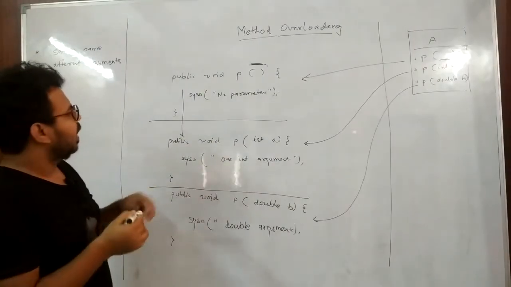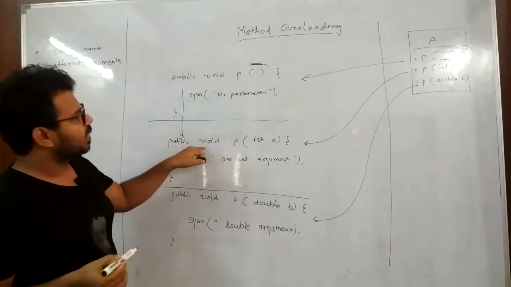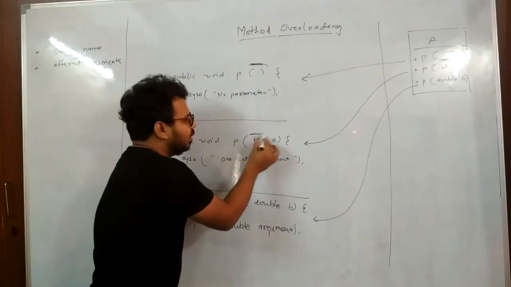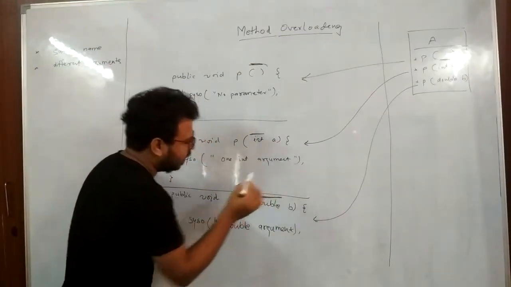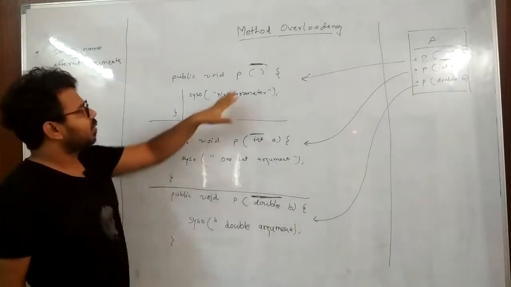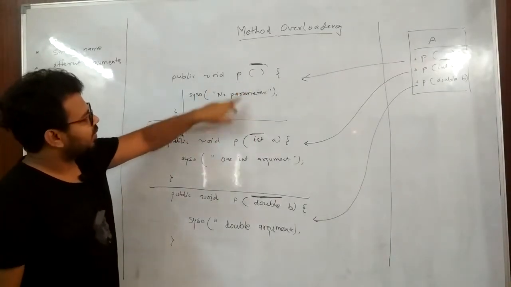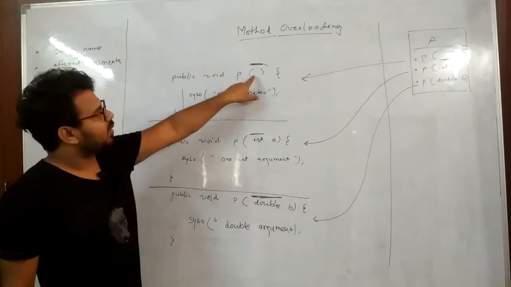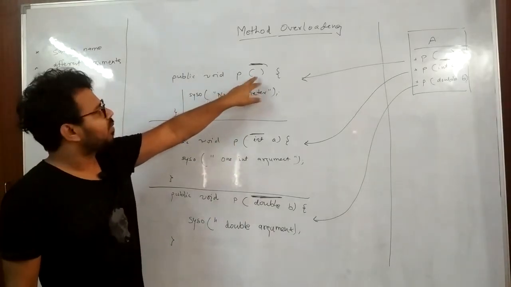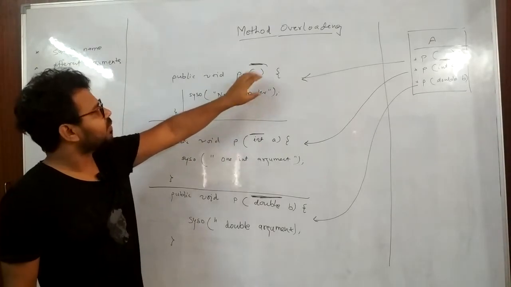The second method has an integer parameter, and here you can see it has a double parameter. So the methods have the same name, and the number of arguments is different.